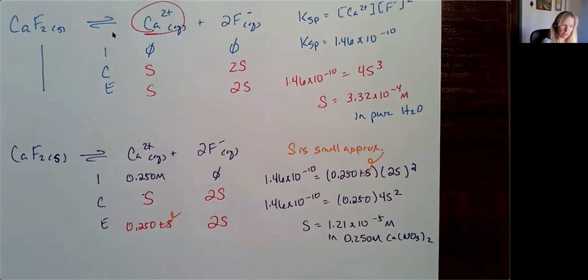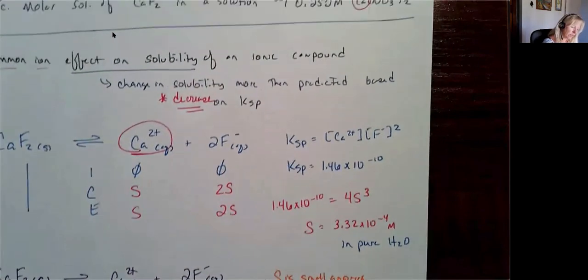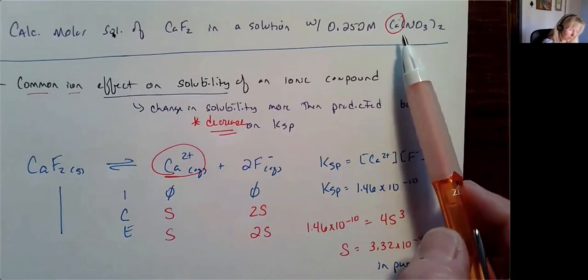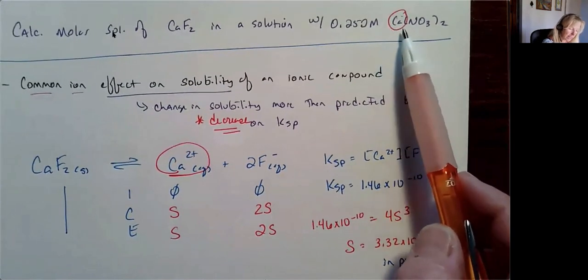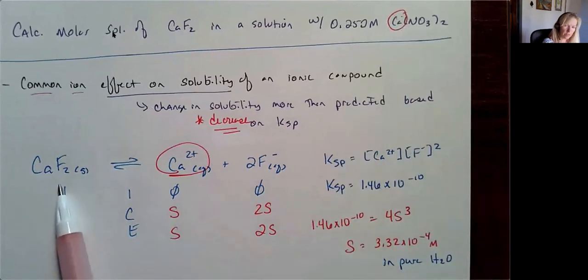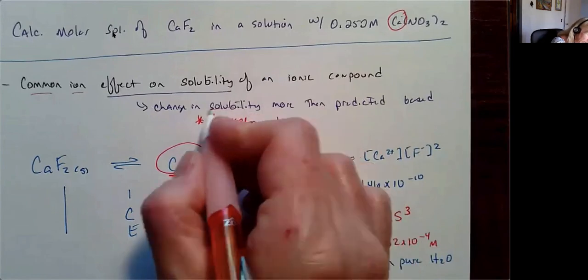So common ion effect. You're looking for, does the solution that you're adding your ionic compound to dissolve in have an ion in common with what you're trying to dissolve? If it does, it's always going to decrease your solubility. Here, and then we're going to resume with the rest of this part in part 3B.